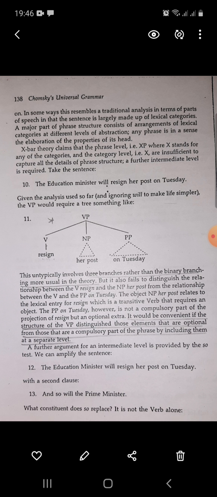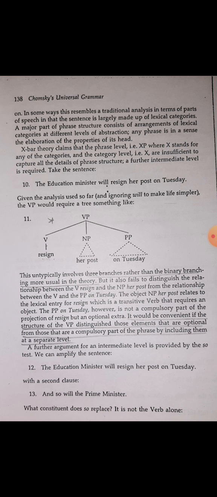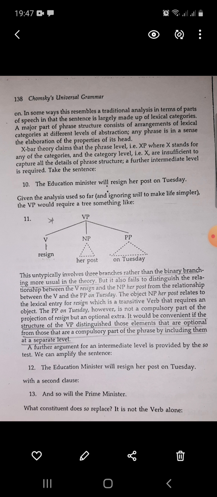For this, we have to add something, because you know very well that if we say only resign, the education minister will resign, what will he or she resign? We don't know. Resign is here used as a transitive verb, which must have some object with it.